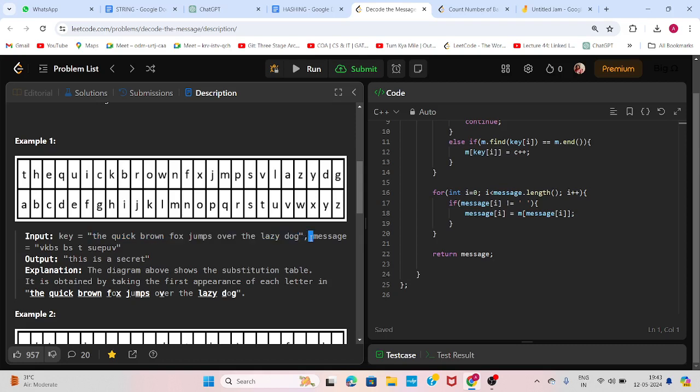Now the given message is BKBS BST, whatever it is. You can see V in the above key section. V is mapped with T, so that's why T is given in the answer. Now K is mapped with H, so that's why H is there.